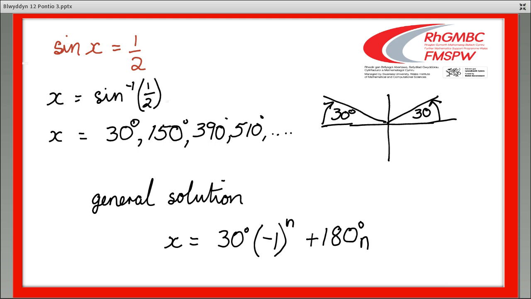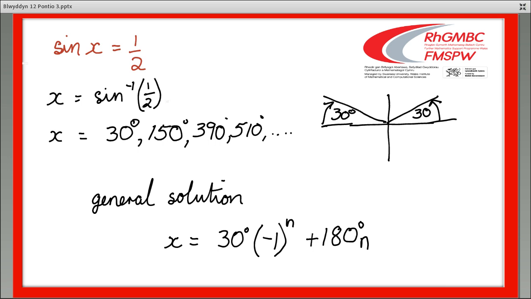So when n is 0, we've got 30 plus nothing. When n is 1, we have minus 30 plus 180 gives the 150. When n is 2, we've got 30 plus 360 gives the 390. So that is the general solution for sine.